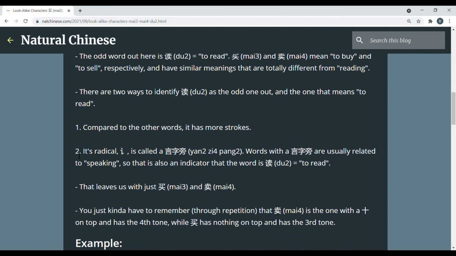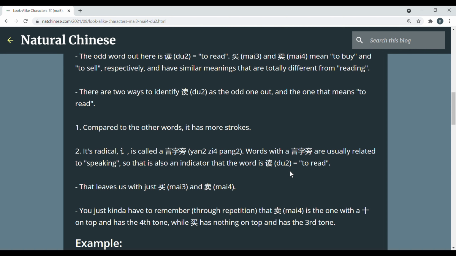The second way is the radical on the left. So this is called a 言字旁. Words with a 言字旁 in them are usually related to speaking. So that's a good indicator that dú means to read and has nothing to do with buying or selling.